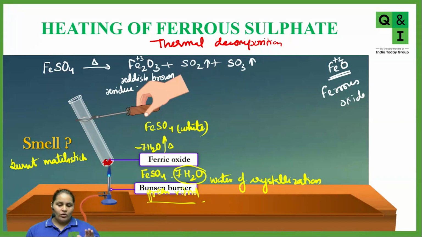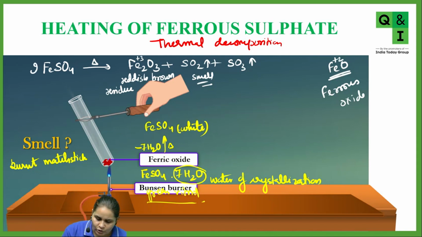So Fe2O3 gives the reddish brown residue, and sulfur dioxide gives the unpleasant smell. But this reaction is not balanced yet, so to balance it, I have to put 2 here. FeSO4 is solid and ferric oxide is also solid; SO2 and SO3 are both gases.